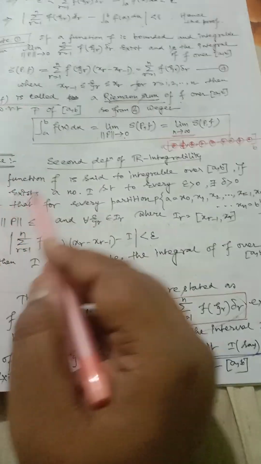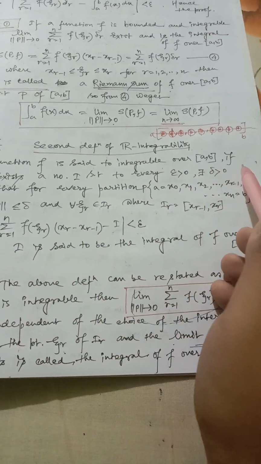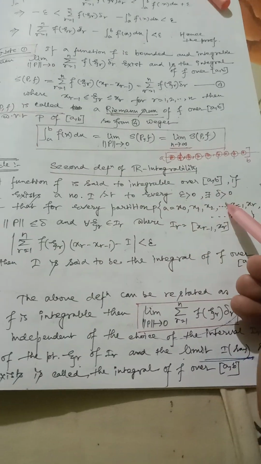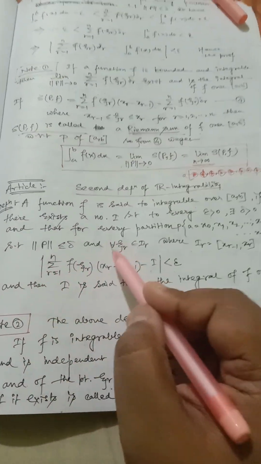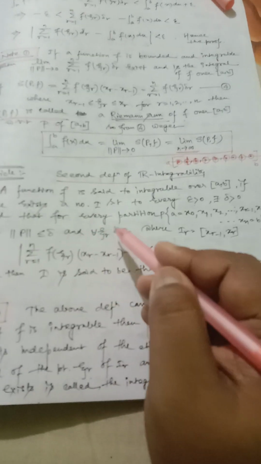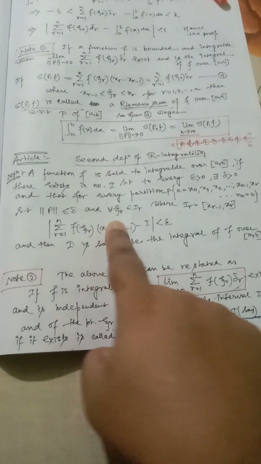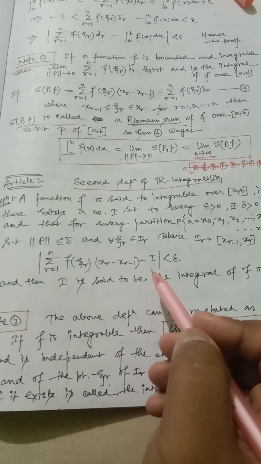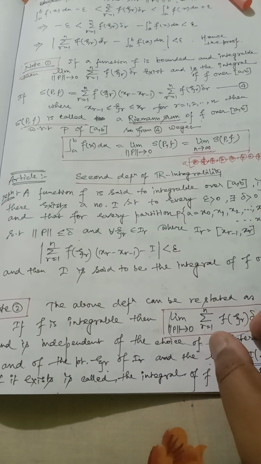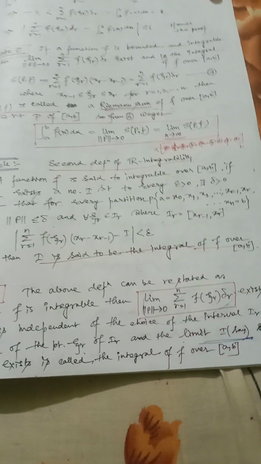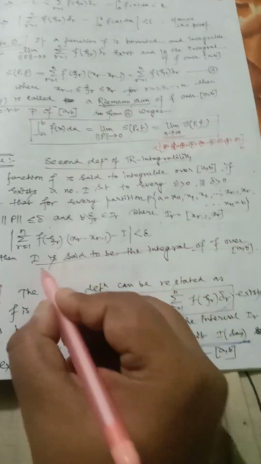A function f is said to be integrable over a comma b if there exists a number I, which refers to the integral of the function, such that for every epsilon greater than 0 there exists a suitable delta greater than 0, and for every possible partition satisfying the criteria norm p less than or equal to delta, with all possible xi r belonging to I r, that means xi 1 taken from I1, xi 2 taken from I2, and so on, if you can show that the modulus of summation f of xi r into del r minus I is less than epsilon, then we can say I is nothing but the integral of the function f over the interval a comma b.